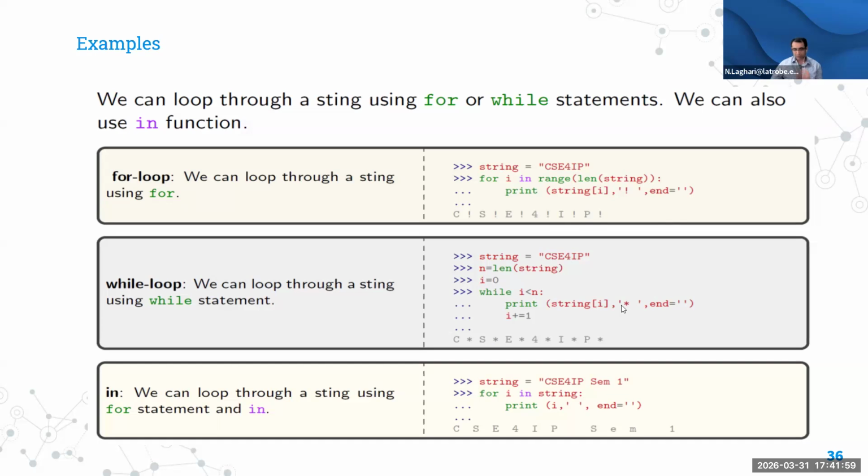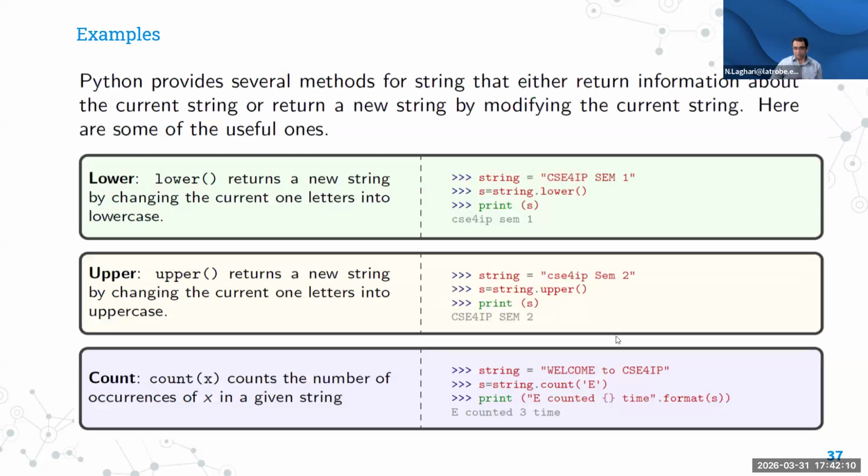Okay. We have another example. You have a star here, and here we have just printed empty spaces. So what we are doing here is converting to lower, converting to upper, and here we print E counted, and count E, welcome to.